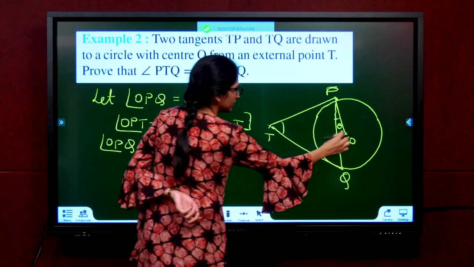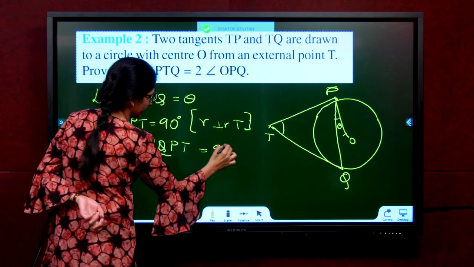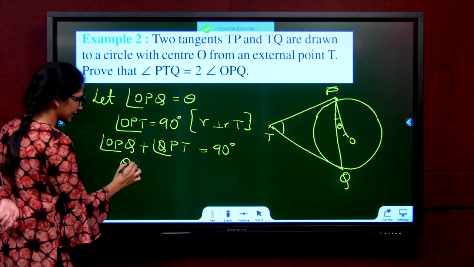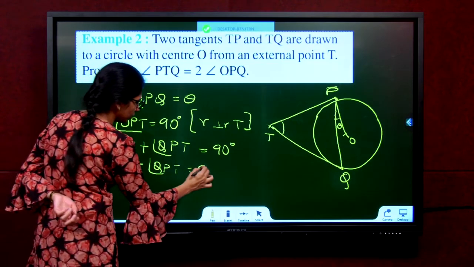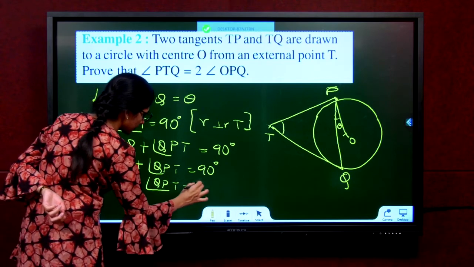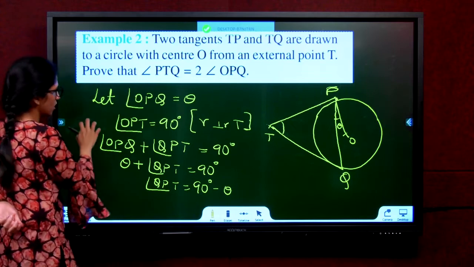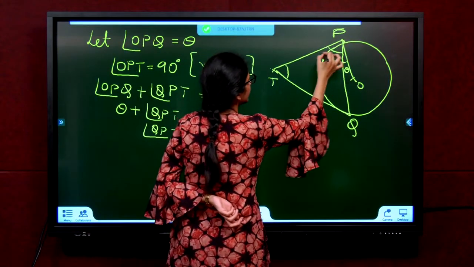See, this plus this is 90. OPQ is theta, so theta plus QPT is equal to 90 degrees. What is QPT? 90 degrees minus theta. Agreed? So now we got that this is 90 minus theta.